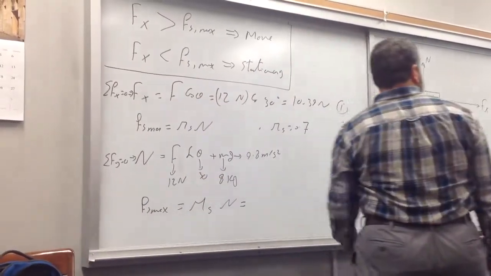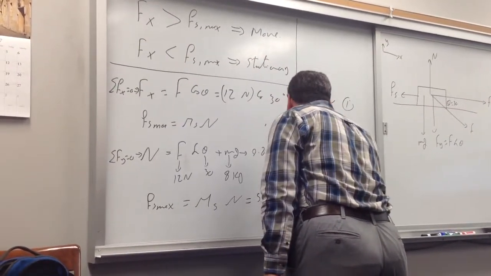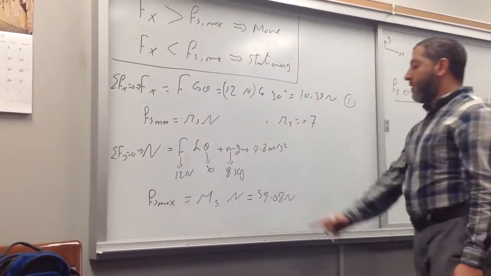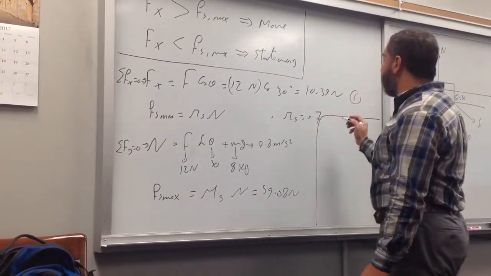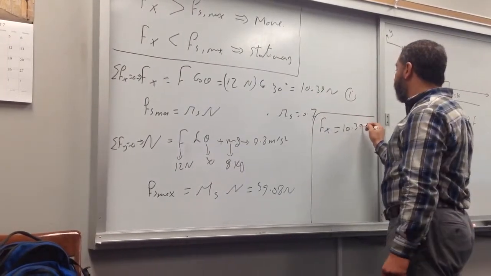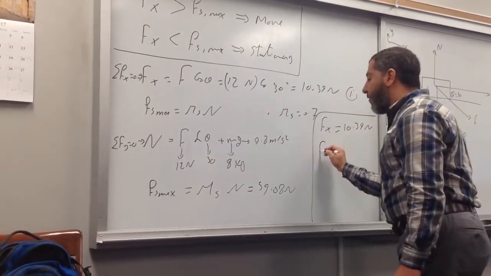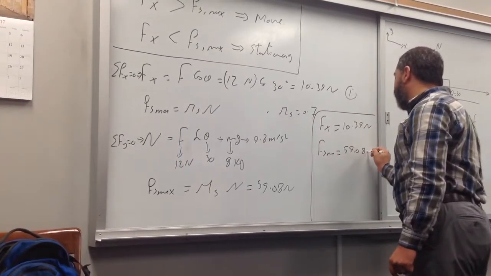With just simple, straightforward calculations, we can find that fs maximum is 59 something. So if we compare the two values, we have Fx, which is the applying force, is 10.39, and we have fs maximum is 59.08.